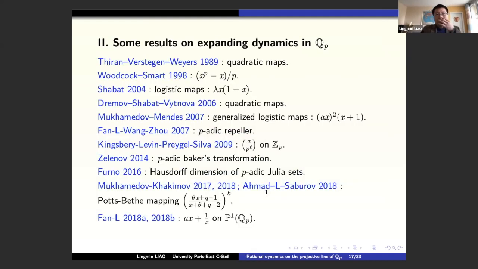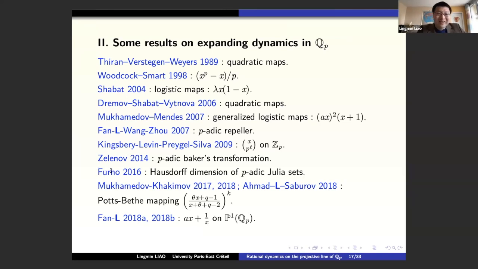Well, before I state some results, I will just tell you that there are also many people studying this expanding dynamics. For example, in the audience you can find Mukhamedov, with many works, and also Zenonov, with the p-adic Baker's transformation.